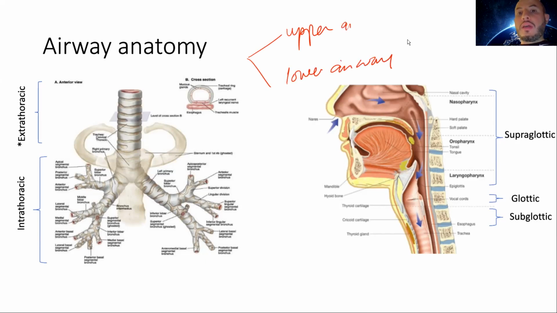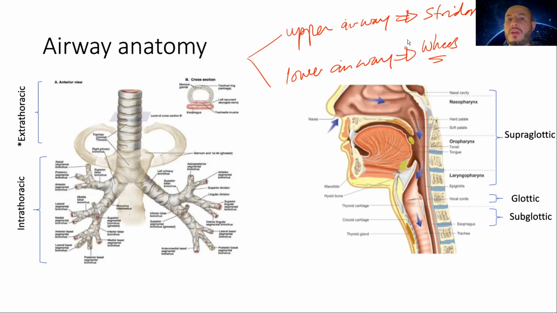When we say upper airway obstruction, we are talking about stridor. When we talk about lower airway obstruction, we are talking about wheeze. So any obstruction in the lower airway, the sound that is made is called wheeze. The obstruction in the upper airway, the sound they make is called stridor.